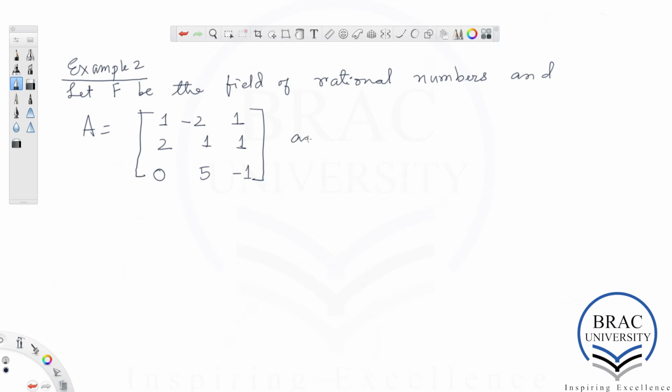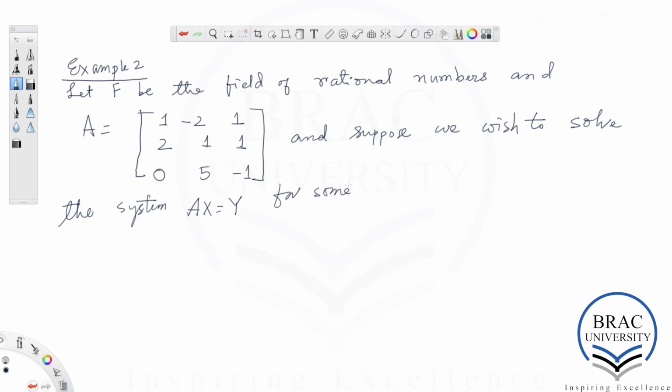And suppose we wish to solve the system Ax is equal to y for some y1, y2, and y3, some given values of these three scalars.